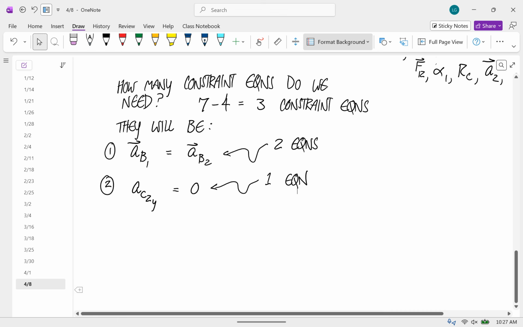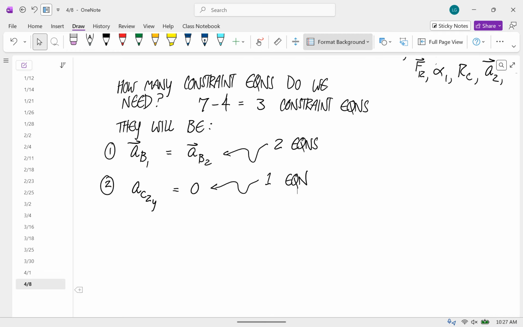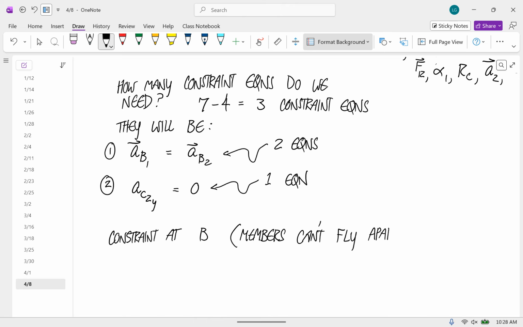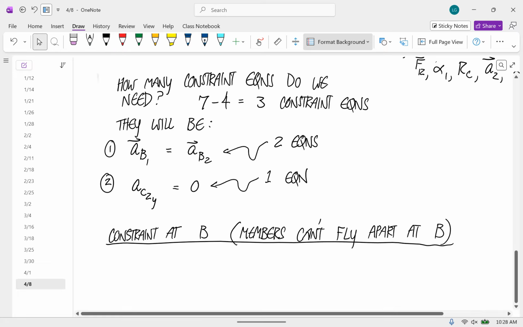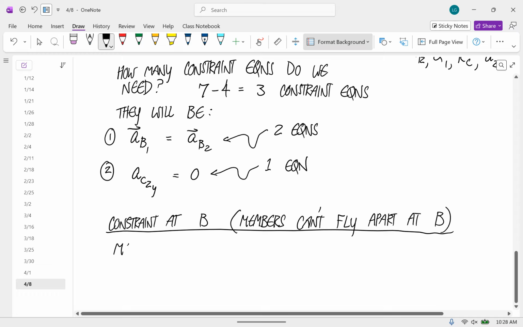Okay, so let's start finding these constraint equations. So first I'm going to do the constraint at B. And that says that the members can't fly apart at B. So I'll start with member 1.